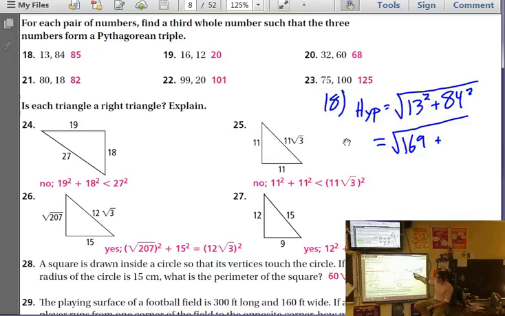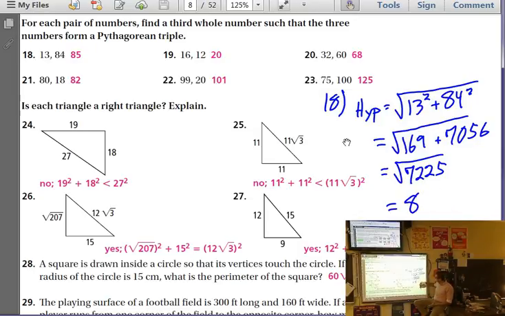It's gonna be giant. 7,056. And I add these together. I get radical 7225. And that, when I take its square root, comes out to be 85.